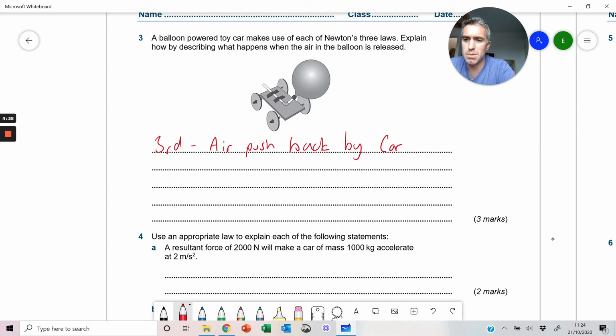So the air in here is pushed out the back. So therefore, the car is pushed forward by the air. That's our Newton's third law. The second law is because there is a net force forwards, so the car accelerates.